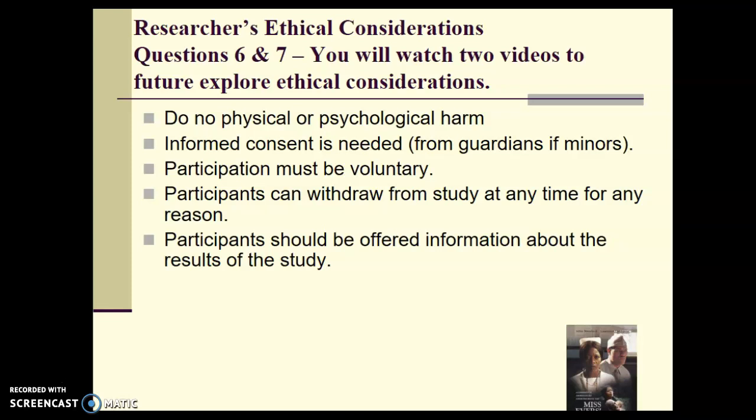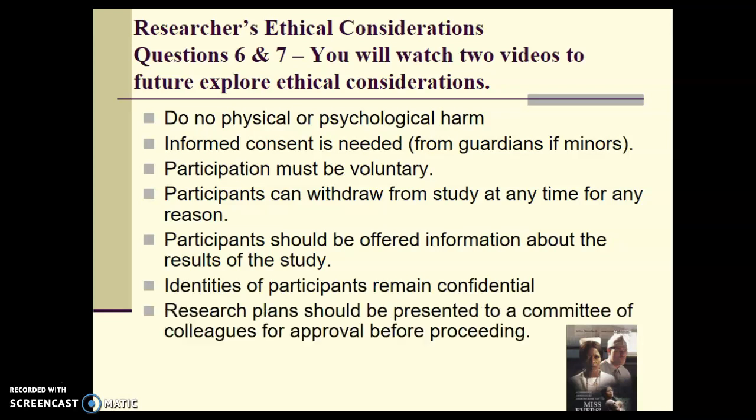Participation must be voluntary. Participants can withdraw from a study at any time for any reason. Participants should be offered information about the results of the study, and they always remain confidential. The names are confidential. And then research plans should be presented to a committee of colleagues for approval before proceeding.